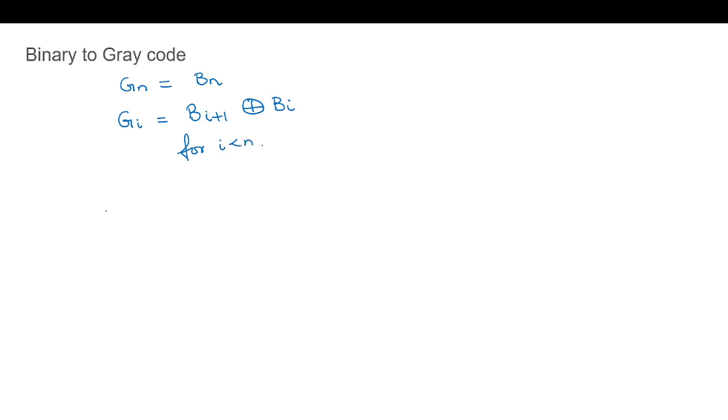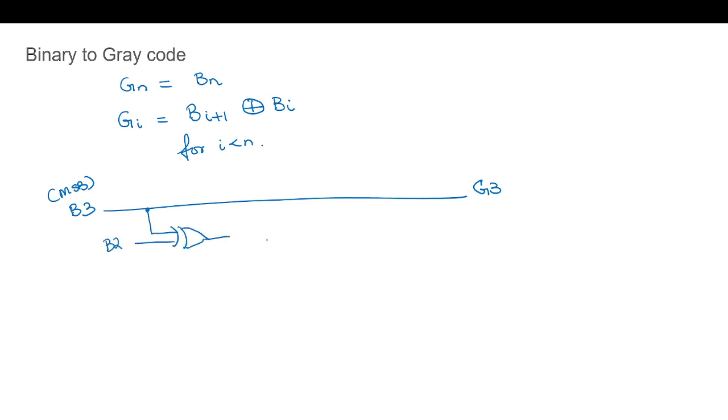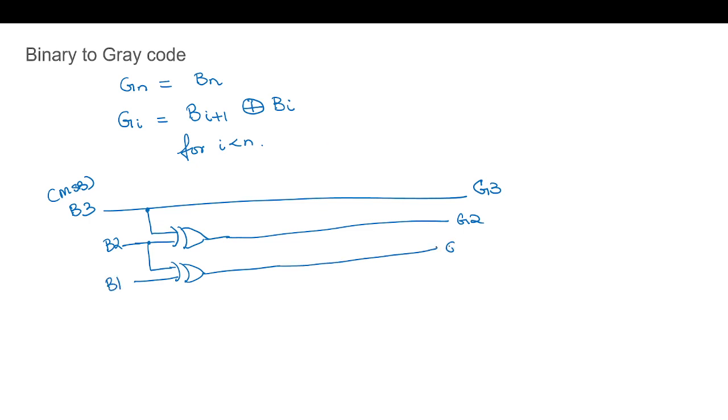So if we draw the logic circuit or the gate level implementation, this is our MSB bit B3, which will be our G3. Then the previous bit XORed with B2 to give G2. Then the previous bit XORed with B1 to give G1.